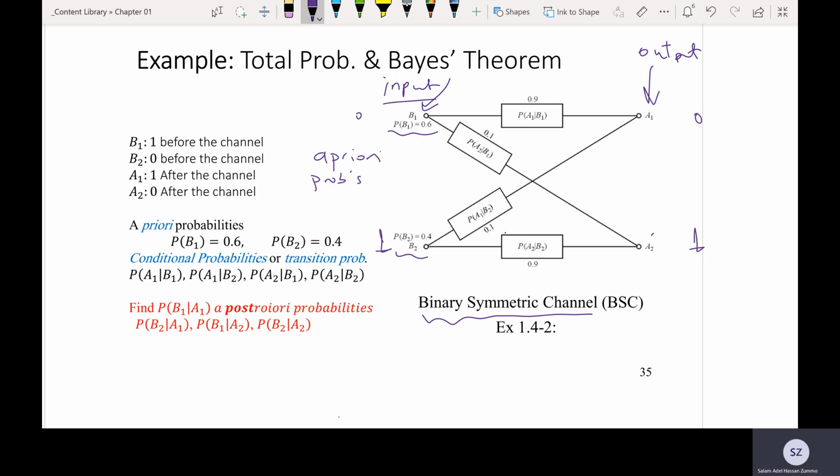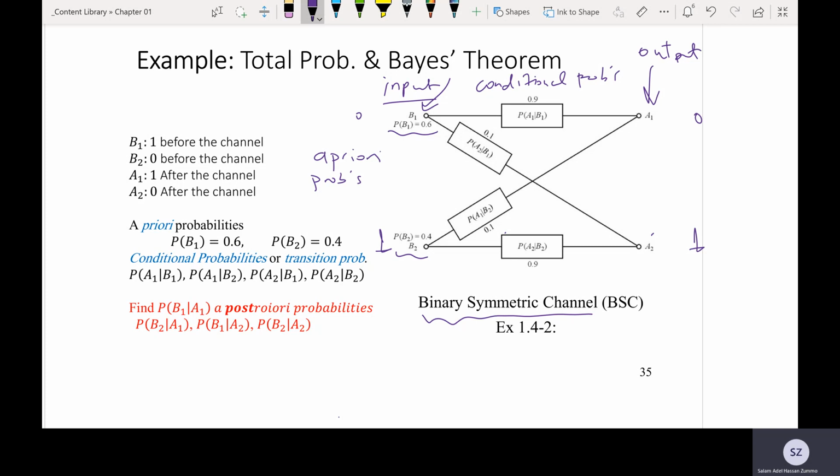And we have the conditional probabilities, or the crossover probabilities.